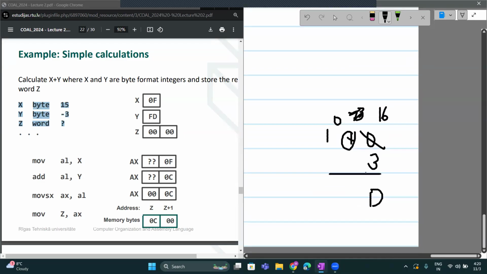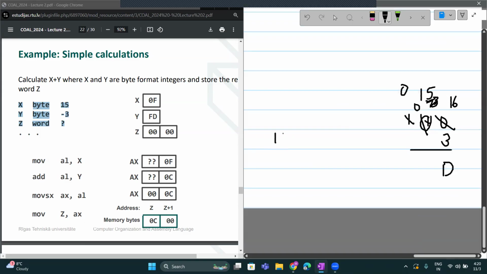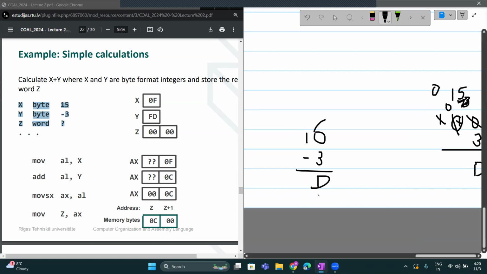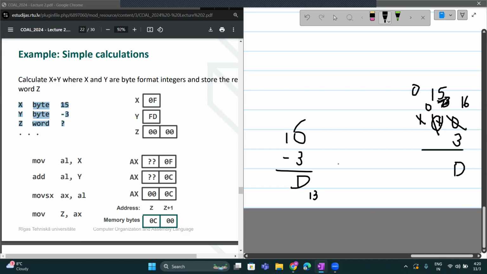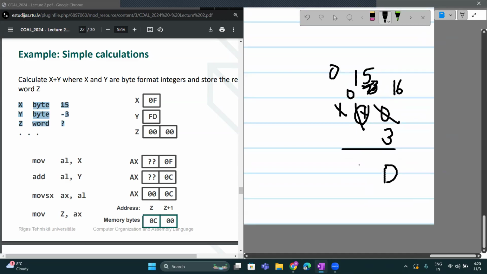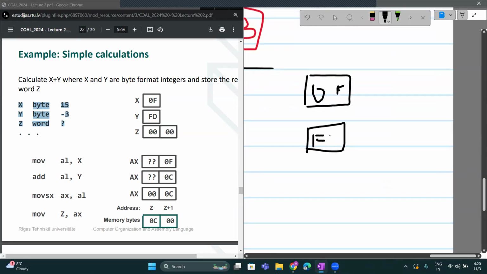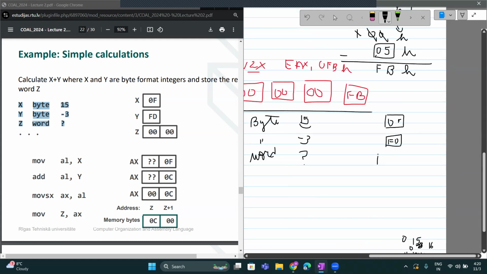So here it will be 15, here it will be 0. If we just subtract from 16, it will be just D, and D can also be 13. That's why we have to do it in 2 digits, because that's how we know if it's a negative number or not. So FD. This is FD. And Z is a word, so two bytes, 00 and 00.